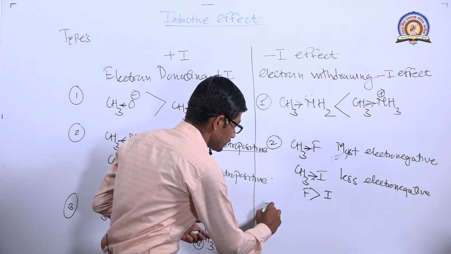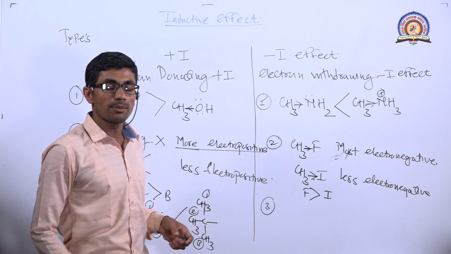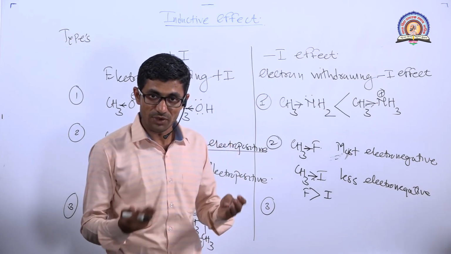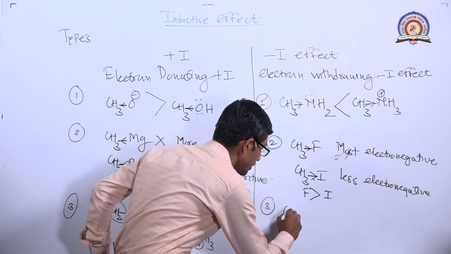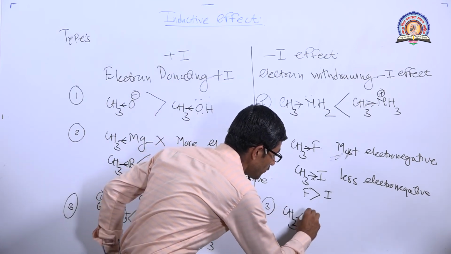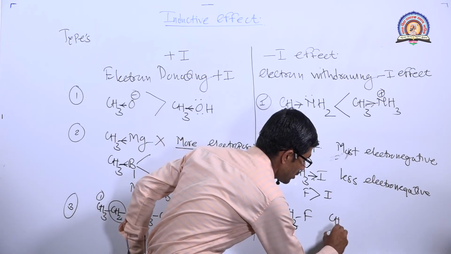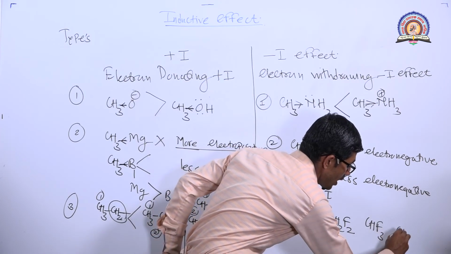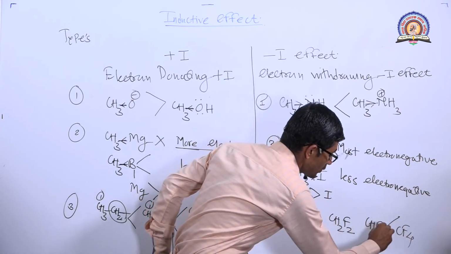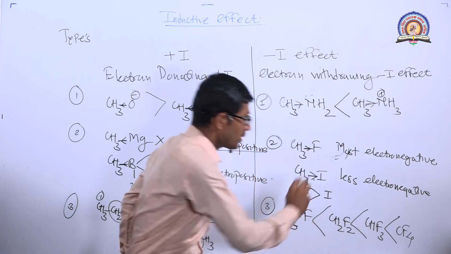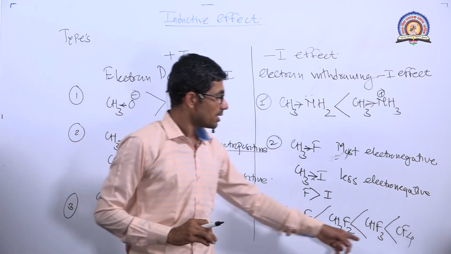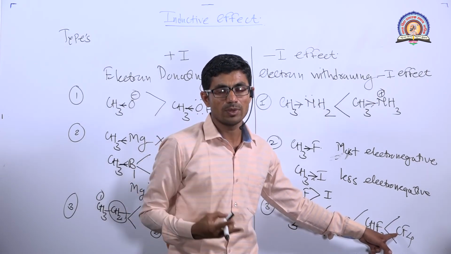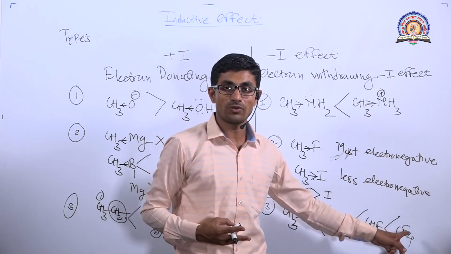And here, as the number of halogen atoms increases, the minus effect also increases. Same way, suppose I am writing here methyl fluoride, CH2F2, CHF3 and CF4. The order is like this: CF4 has 4 fluorines, so we observe the most minus effect in this molecule.